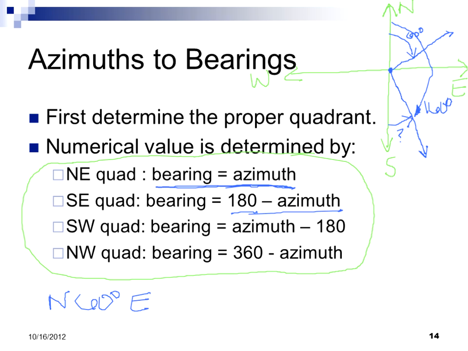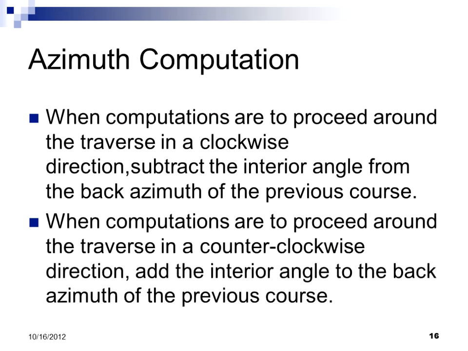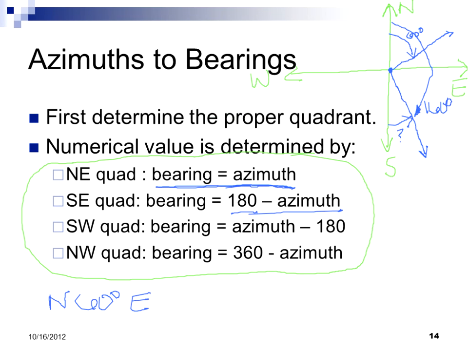Visually, you can see that, right? So that's how you would convert them back and forth. That's why I said I don't think you need to memorize these. I think it becomes very evident when you look at the diagram what you need to do, whether you need to add or subtract 180 from the azimuth and how to make that transition. For bearings, the same applies, just in the opposite direction.